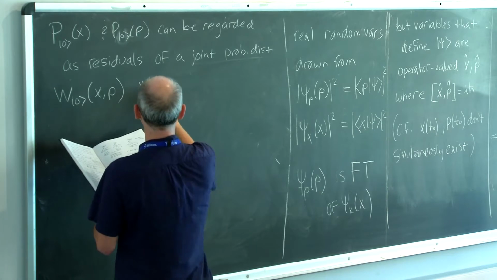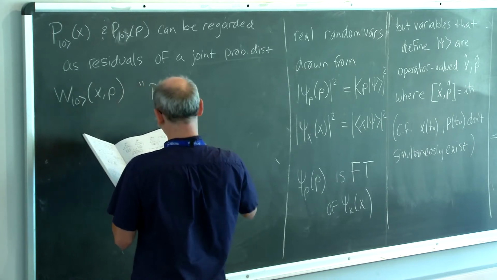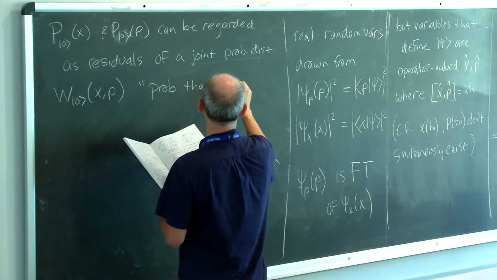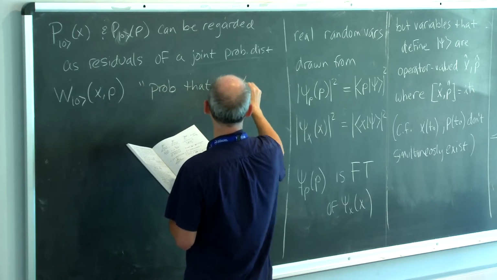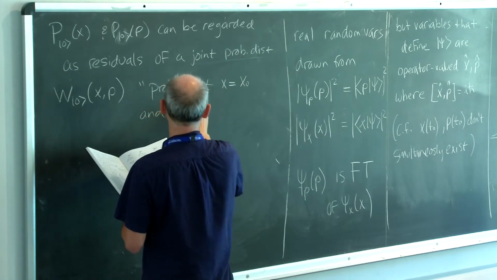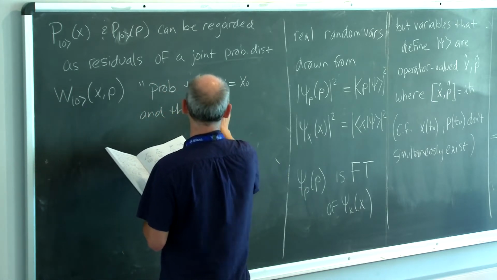This is the probability that x is equal to some specific value and that p is equal to some specific value.